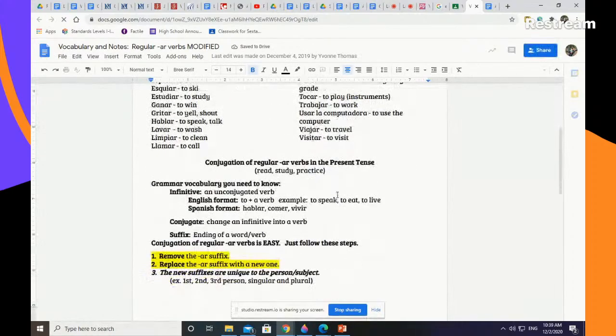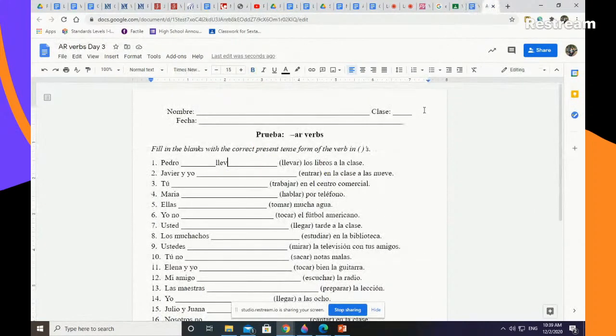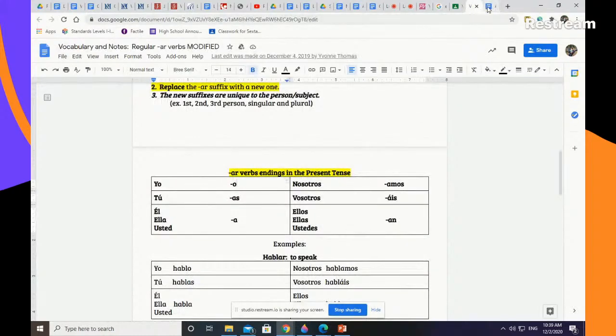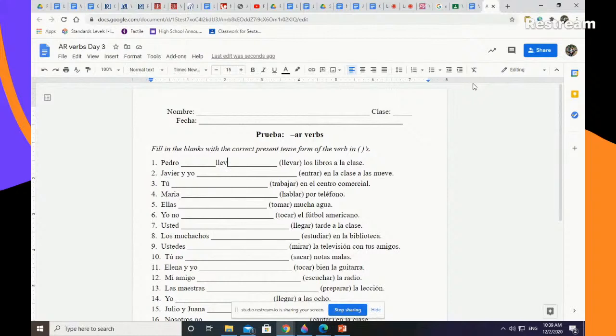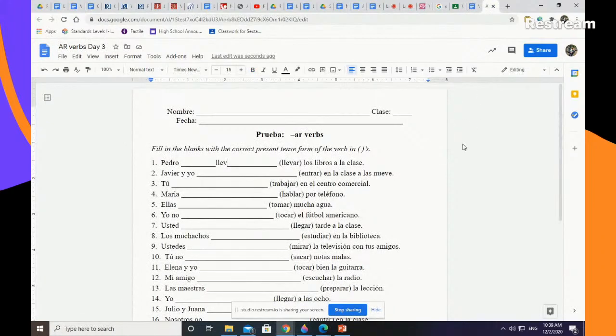So yo is I, and it has an O ending. Am I Pedro? No, I am not Pedro. So I cannot give it an O ending. Tú, as in you. Am I talking to you, Pedro? No, I am not talking to Pedro. So I can't use tú. Ah, that goes for he, él. Yes, I am talking about Pedro. He is a he. So, lleva.